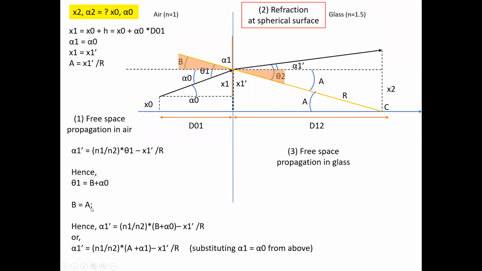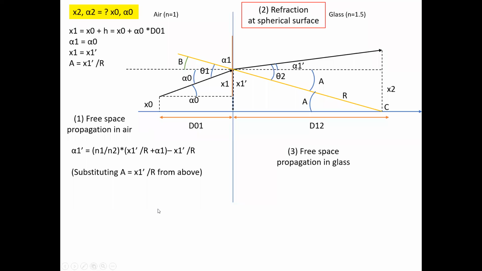So B equals A. So in this equation, alpha 1 prime, I rewrite it over here, replace theta 1 by B plus alpha naught, like so. Everything else remains the same. And then replace B by A. So everything else is remaining the same, just B got replaced by A. And from above, where I was saving equations, I have alpha 1 equals alpha naught. So I replace alpha naught by alpha 1.